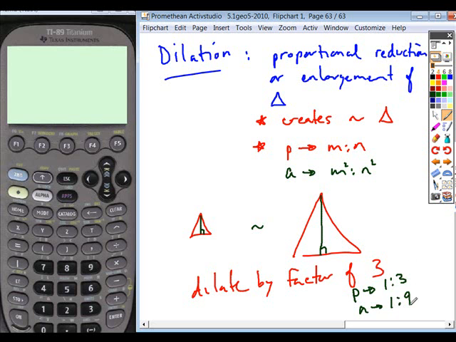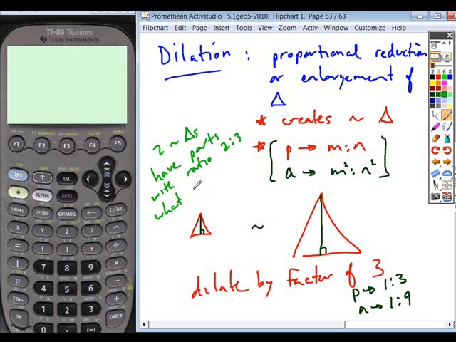Okay, now, this relationship right here may also be expressed. They might just tell you two similar triangles have parts with a ratio of 2 to 3. What is the ratio of their areas?